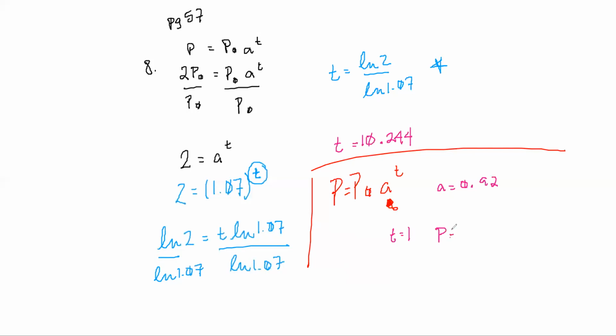Because what we have here is p of 1 is equal to p naught times 0.92 to the 1. So if we have some number here times this decimal, which is smaller than 1, we end up with a smaller number. So here p is less than p naught. What happens if I turn this 1 into a 40? What happens to this number in here?